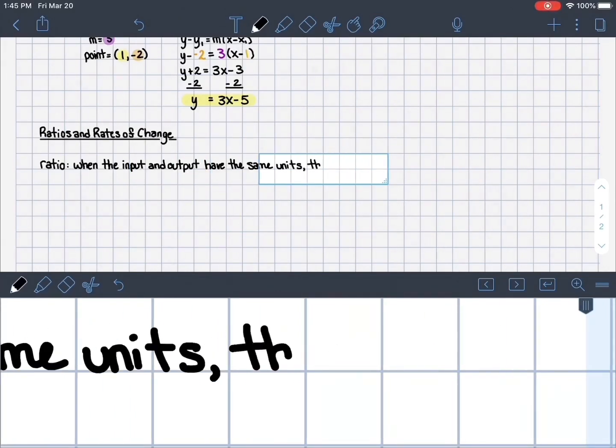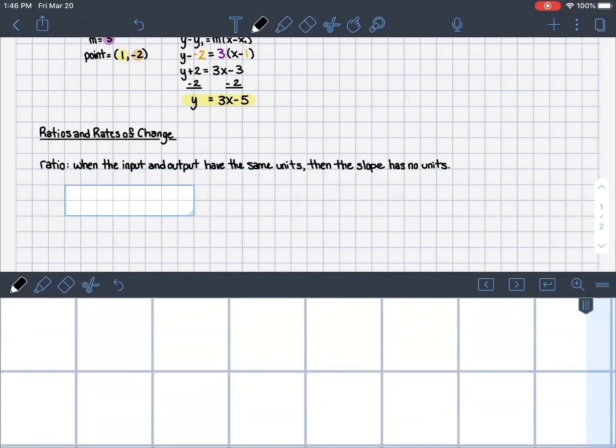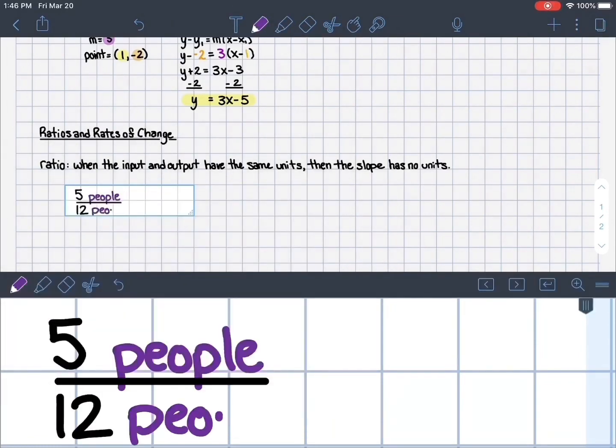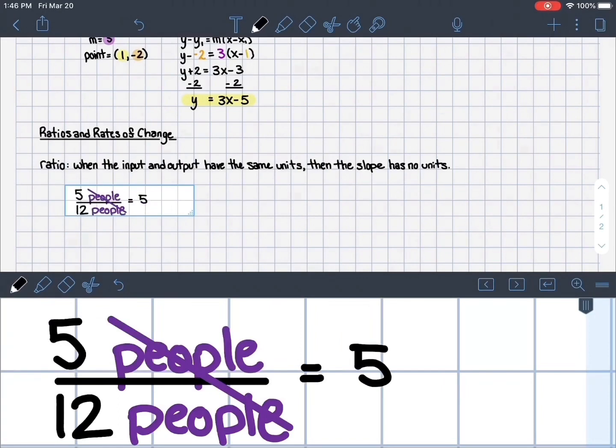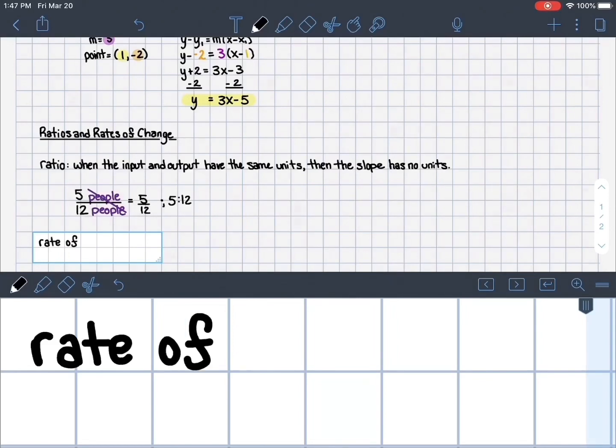Ratios are comparisons between the same type of number, and rates of change are comparisons between two different types of number. For example, I can say that 5 people out of 12 people prefer math. In this case, people, the unit, will cancel, and I'll get a direct comparison, 5 to 12.